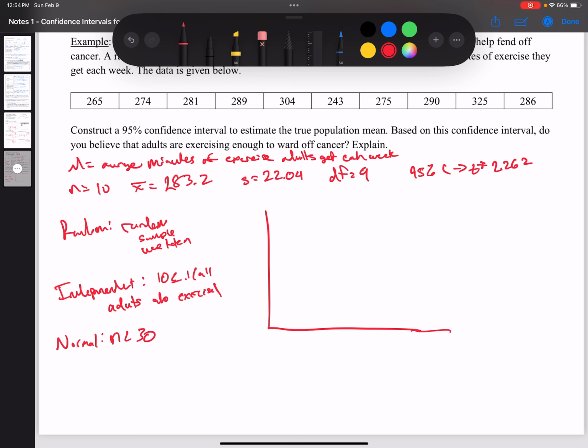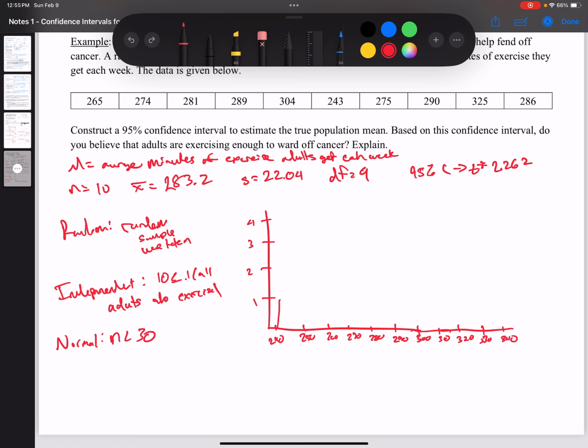I will just give this really quick. We're going to have 240, 250, 260, 270, 280, 290, 300, 310, 320, 330, and 340. And then a frequency of, let's see.